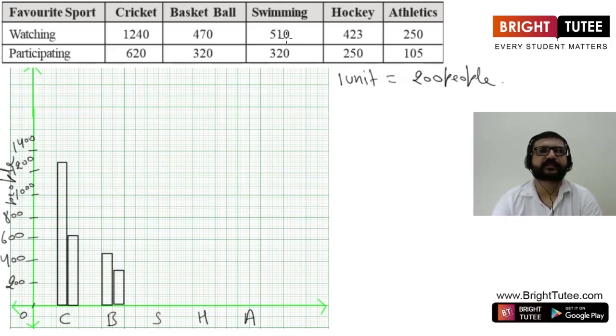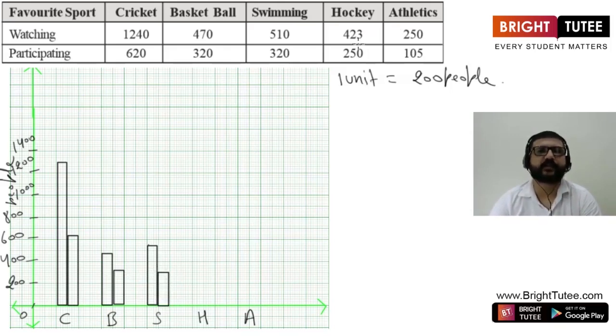And then for swimming it is 510. So it will be approximately like this. And the number of people participating in it is 320. So it will be like this.